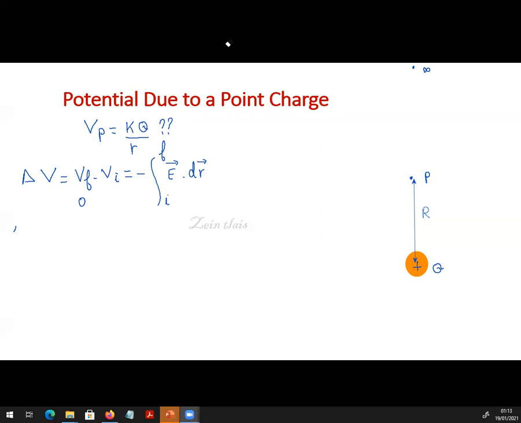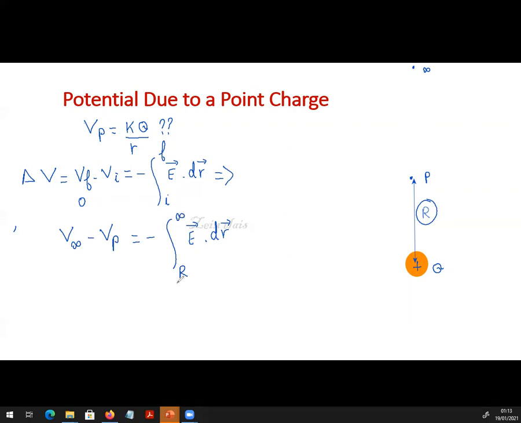Let me write a new equation. We can say V final, which is V at infinity, minus V initial, which is V at the point P, equals minus the integral of E dot dr. R at the point P equals capital R, and at infinity equals infinity.